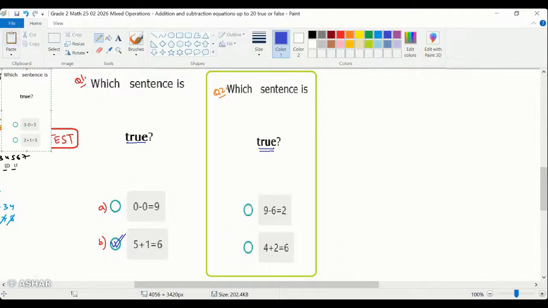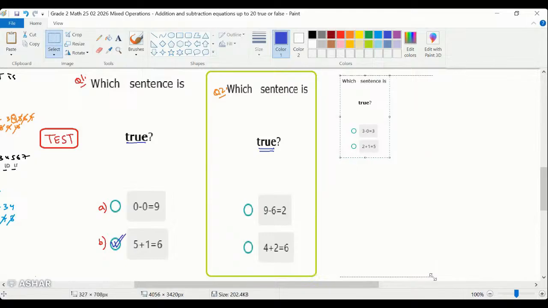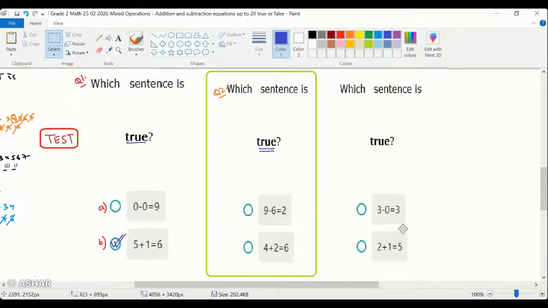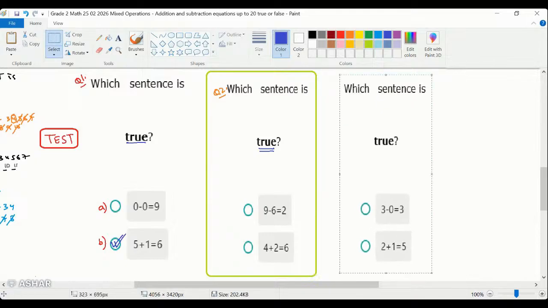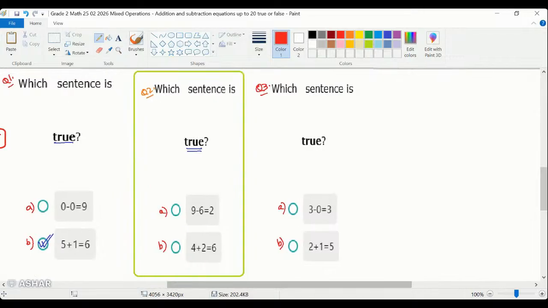Question number 2 says which statement is true, such that 9 minus 6 would be equals to 2, or 4 plus 2 would be equals to 6. This is option A, option B. Let's see if they have something for false.